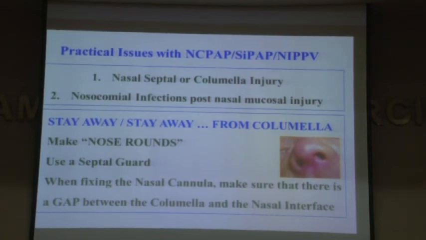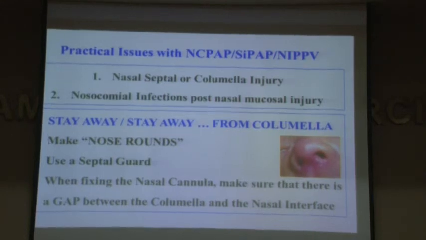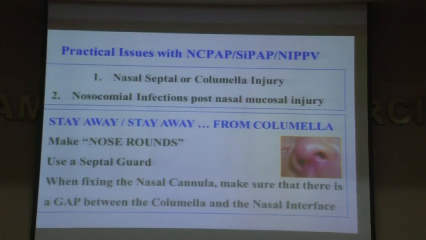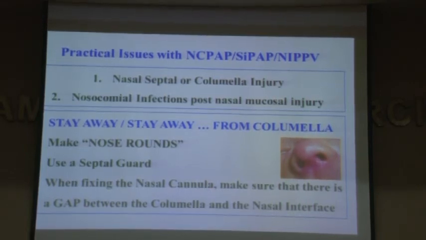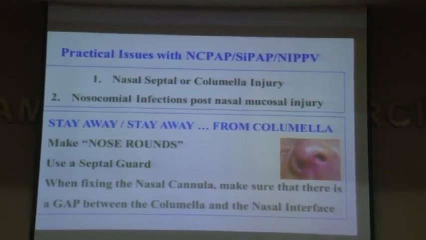These babies are on NIPPV for weeks, especially a 24-week-old baby, maybe for 6 weeks. Therefore, you want to make sure you're not putting any pressure. Sometimes you put a dressing down, something that keeps the pressure off the columella for months. When fixing the nasal cannula, make sure that there is a gap between the columella and the nasal cannula.